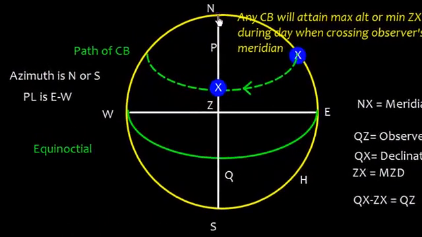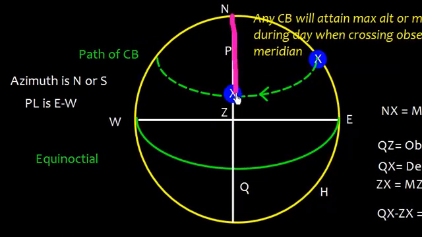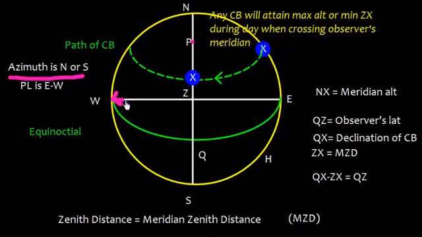Well, this is the altitude and this is the maximum altitude or minimum zenith distance the body will have when the meridian passage occurs. In this case, we should also know that azimuth will be either north or south as I discussed. So the position line will be east or west, like that.